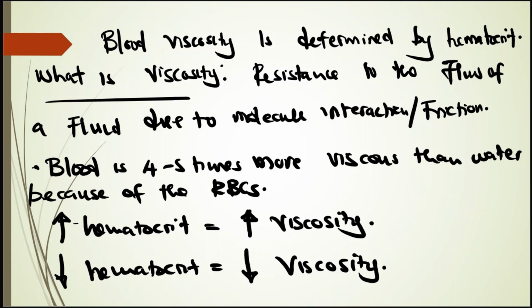Now, if you have higher hematocrit, if your hematocrit goes very high, okay, you have a condition. So hematocrit grows very high. You have a condition called polycythemia. Okay, if the upper limit of the hematocrit goes very high, you have a condition that is called polycythemia.